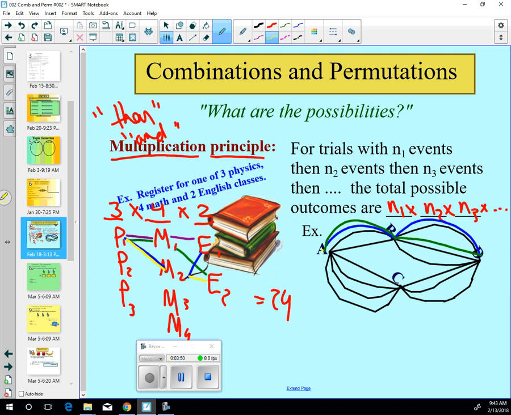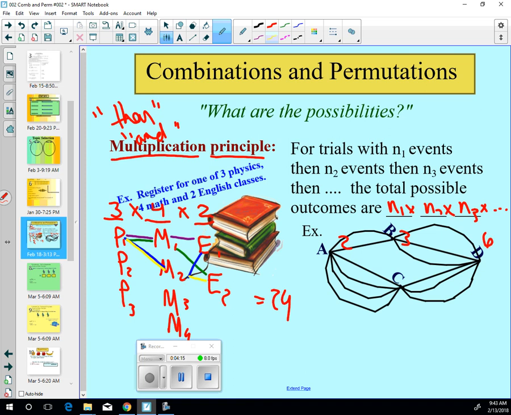I can take the same skip here, and I could go here. So there's 3. And then if I go right across here, there'll be another 3, right? So across the top, how many ways can you go from A to D? There's 2 here, there's 3 here, there's a total of 6.